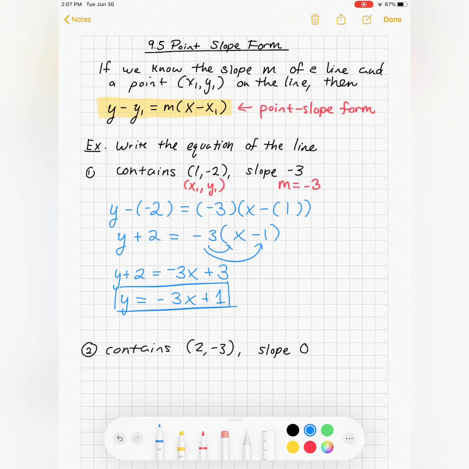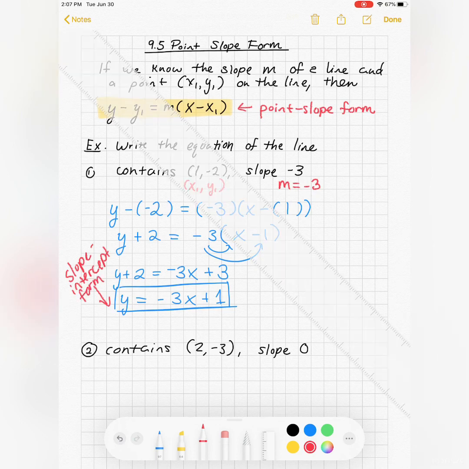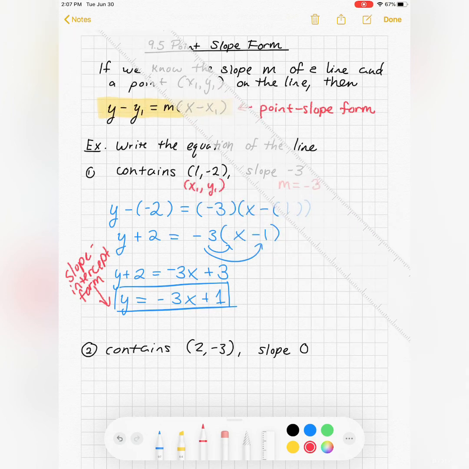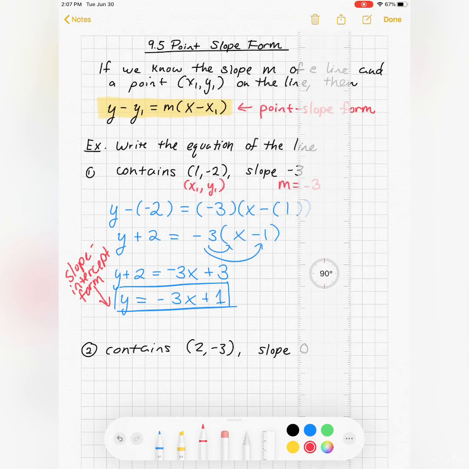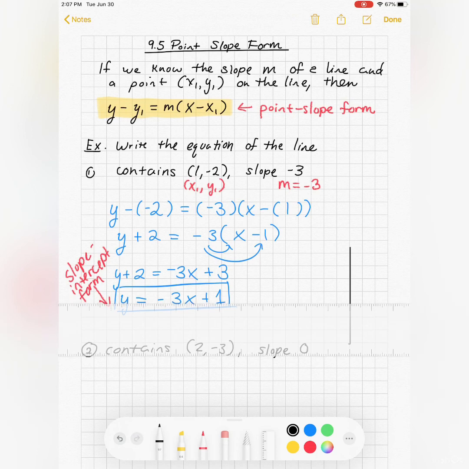Okay, so there's my line written out, written nicely in our favorite form, slope-intercept form. So if I wanted to, I could do a quick graph. Now that we know slope-intercept form, graphing's pretty easy.